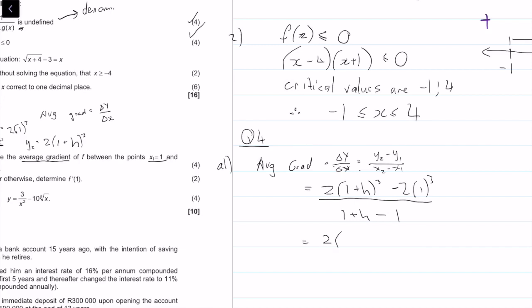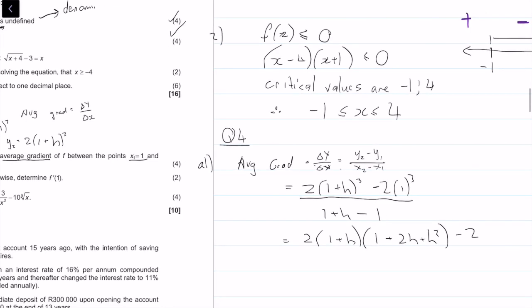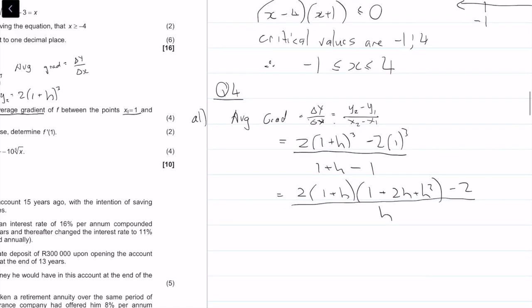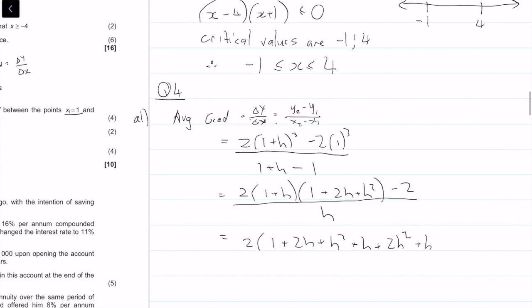So what we're left with is 2 times 1 plus h times, I'm going to square this, so it's going to be 1 squared plus 2h plus h squared, and then that's just going to be minus 2, all over 1 plus h minus 1, which is just h. So now let's multiply this out, so that's going to be 2, everything times 1, and everything times h, and then that's going to be minus 2, and that's all over h.